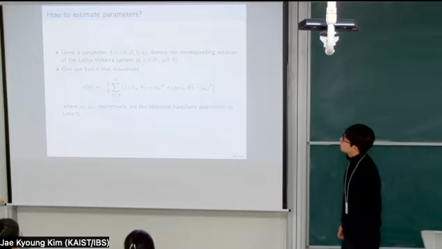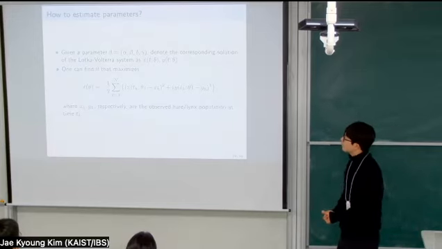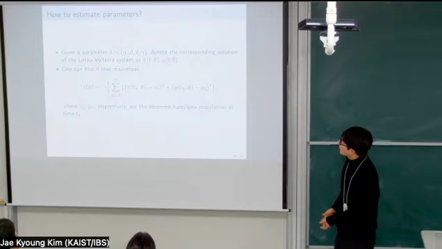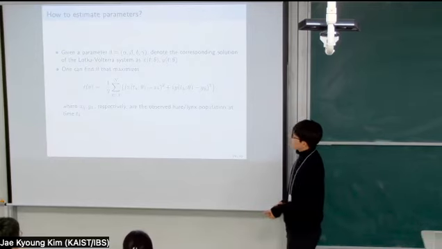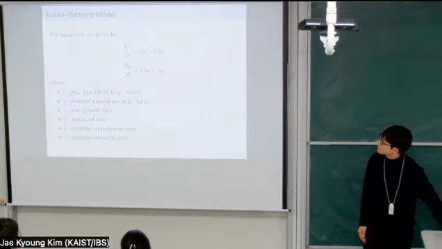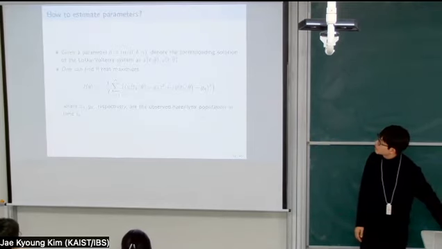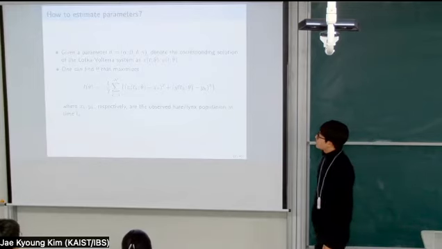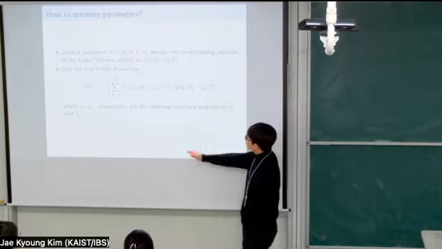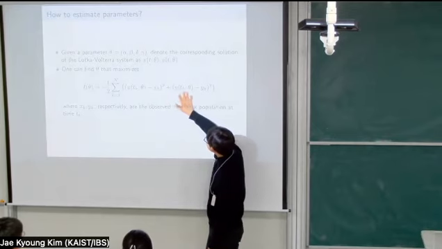So this could be formulated into an optimization problem. The parameters are alpha, beta, delta, gamma, and for each alpha, beta, delta, gamma, you're going to have a solution of the ODE, the solution of dx/dt and dy/dt. You can simply formulate this into an optimization problem by taking the sum of squares of the differences.